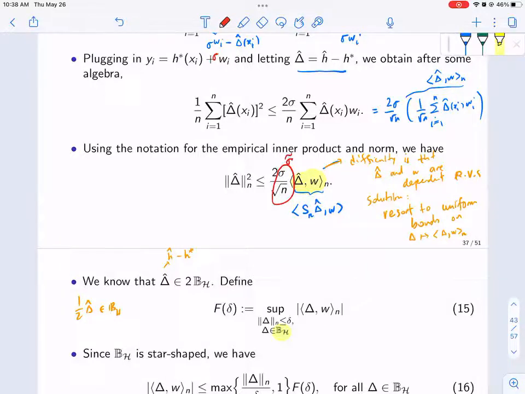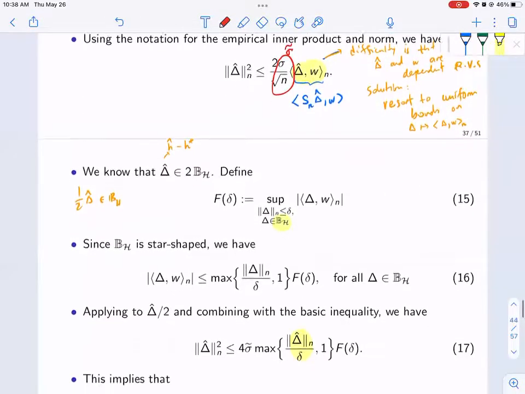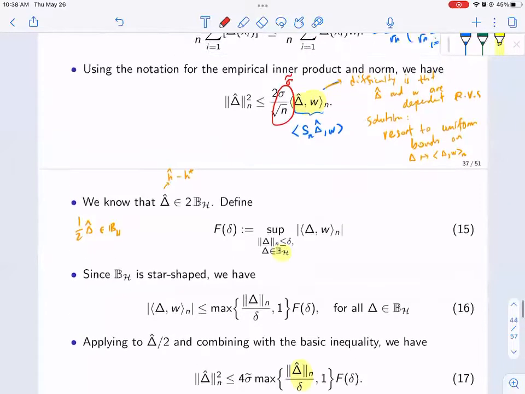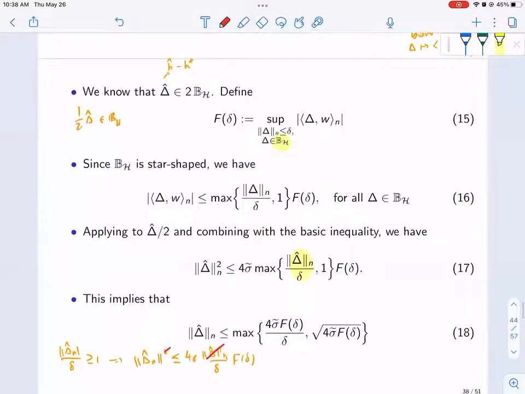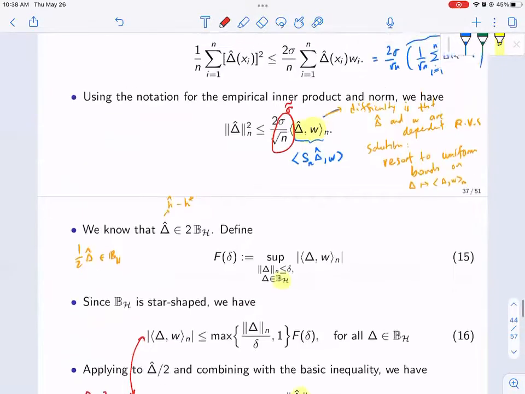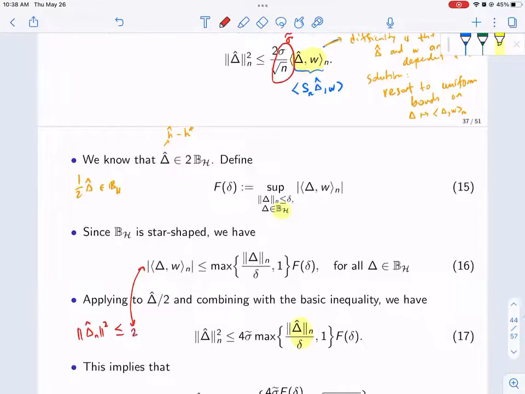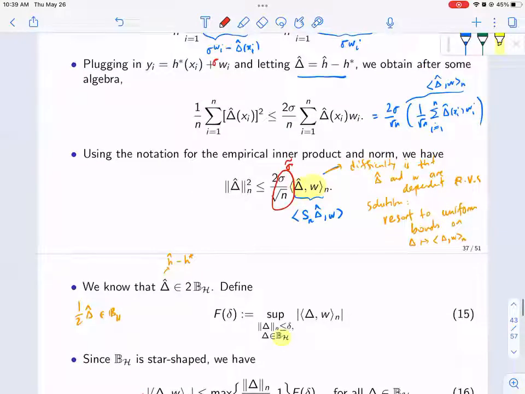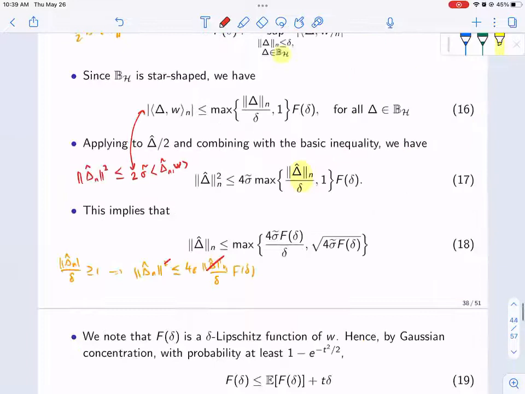Okay. Oh, I forgot to mention. Okay, so what we get here is, what I'm doing is combine this basically with the basic inequality, right? So this is less than or equal to 2 sigma tilde delta hat n w, right? That's what I'm doing here.